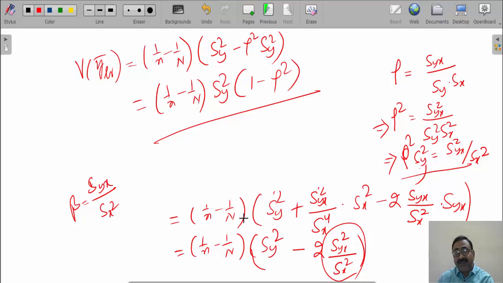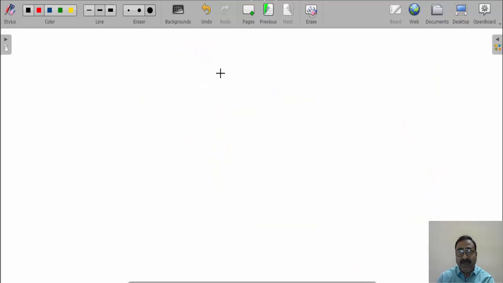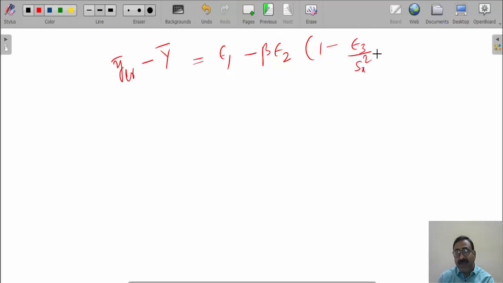So now if you neglect the terms of order of epsilon to the power 3, or writing up to order of epsilon square, we get the linear regression estimator minus y bar, that is equal to epsilon 1 minus beta epsilon 2 into 1 minus epsilon 3 by sx square plus epsilon 4 by syx.